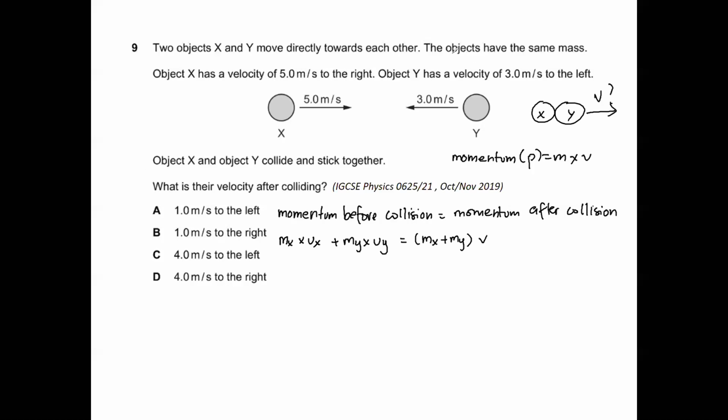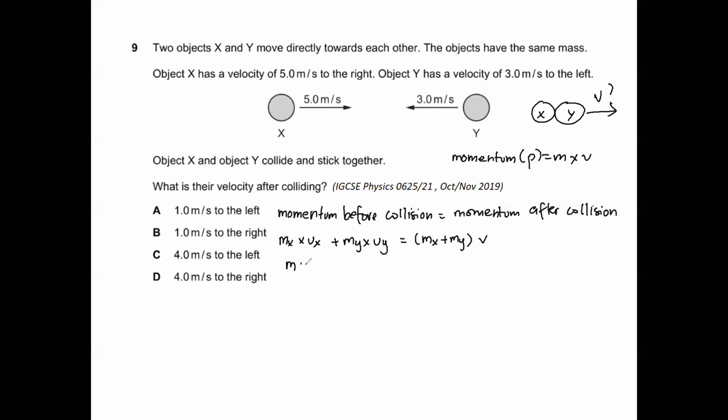From the question, the objects have the same mass, so we can let mx be m, and the speed of X is 5. For the velocity we have to see the direction: this one is to the right, so it is positive.